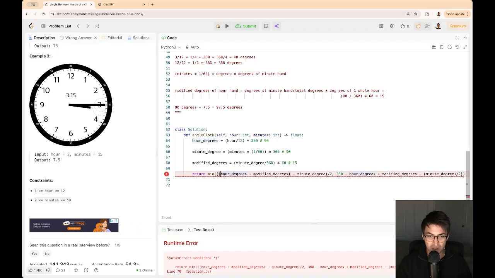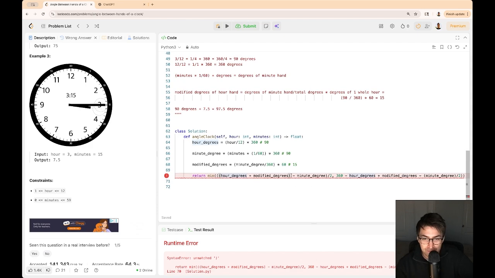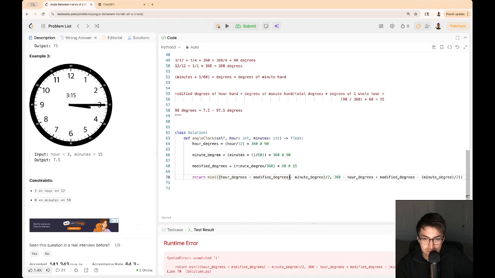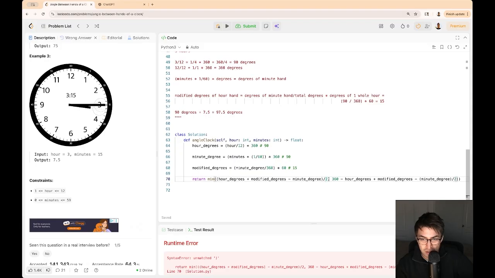Now I'm getting desperate. I can't even get the parentheses right. Okay. Okay, that's irrelevant. I don't even need those. Hour degrees plus modified degrees minus the minute degree divided by 2. Okay.